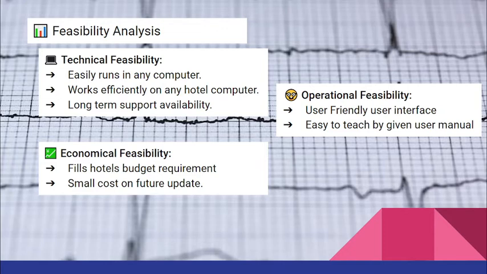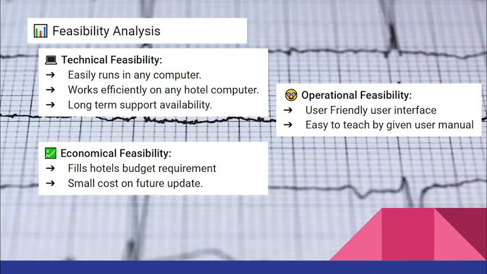The economical feasibility: it will fulfill the hotel's budget requirement, as the hotel's budget requirement was 5 lakhs taka to make this application, and it will be done within this money, which was calculated with our analysis.